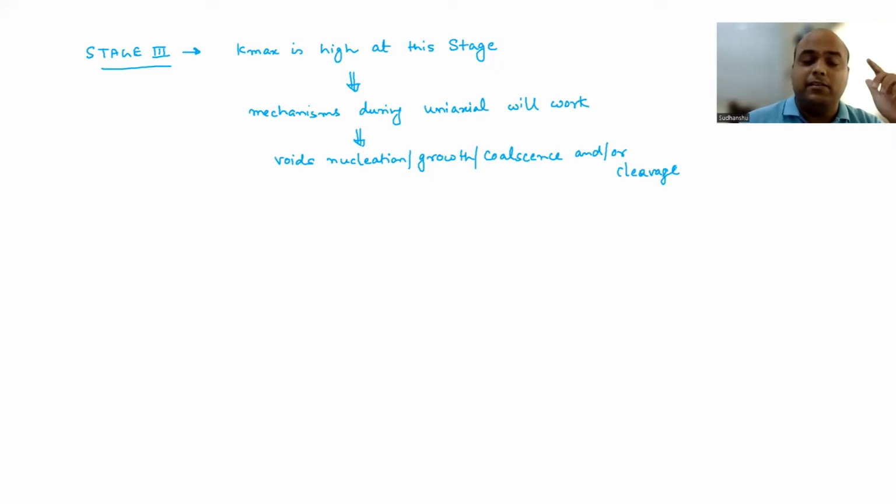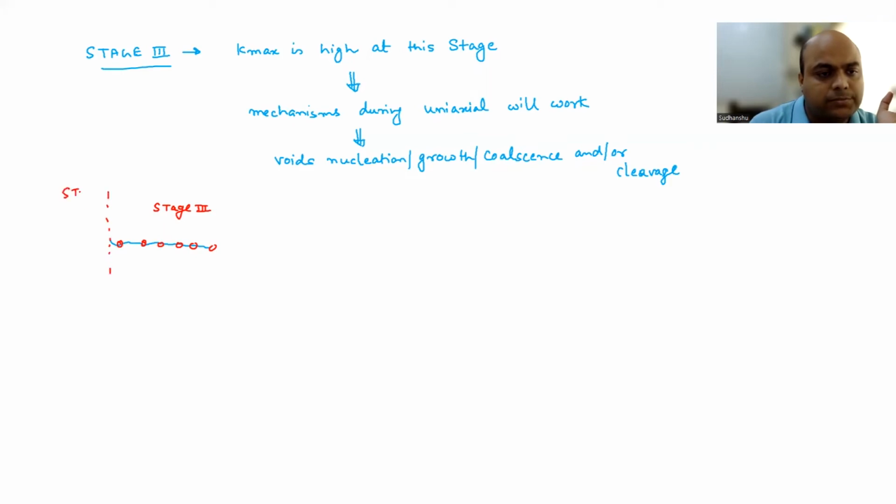Okay, so your Kmax is now very, very high. So whatever we have learned, you can directly apply there. Okay, it is predominantly now, say, uniaxial tension kind of thing, and void nucleation, growth, and coalescence will now become active. And that is why, if you remember the first point I mentioned here, right? So now you see all the voids here after stage 2. Okay, and in between you can also see cleavage, right? So this is your stage 3. Depending upon the material, it will show cleavage or void growth, or a mixture.